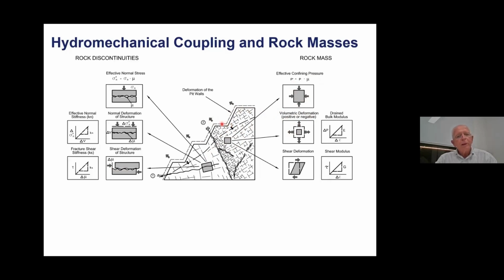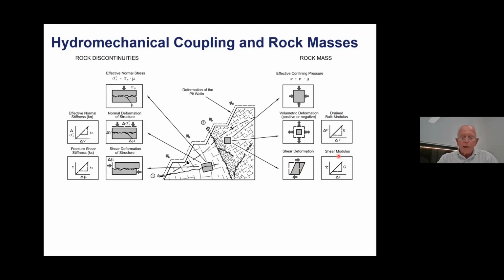So we're getting a volume increase. And in this case, the positive volume change is dependent on the drained bulk modulus of the materials. We can also get some shear generated, in which case the shear modulus will impact on the response.